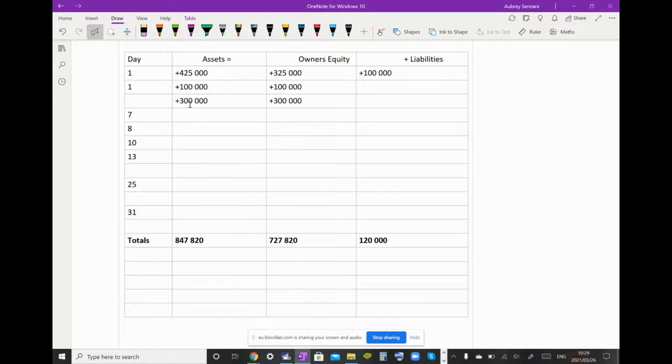On the 7th, it says the business paid back 5,000 on the bank loan. Because bank is affected, this is a negative 5,000 under assets because bank is going down, and liability is also going to go down because we are reducing our debt.